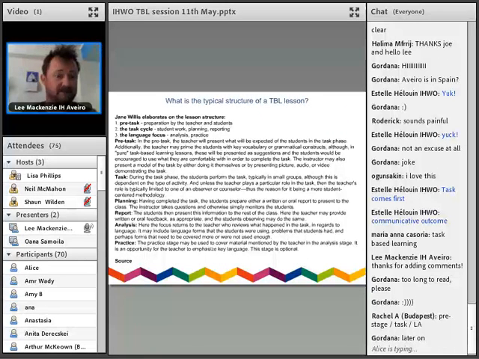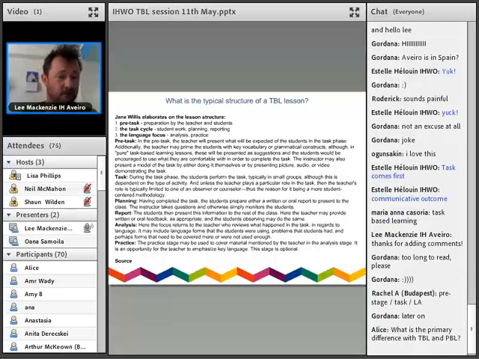Now, the structure of a TBL lesson, again, I tried to condense this as much as possible. If you don't have time to read all of it, just read the 3 points at the top there. All right, so pre-task, task cycle, language focus.